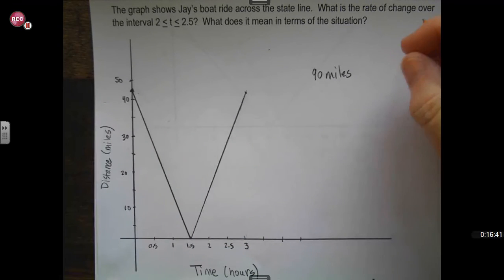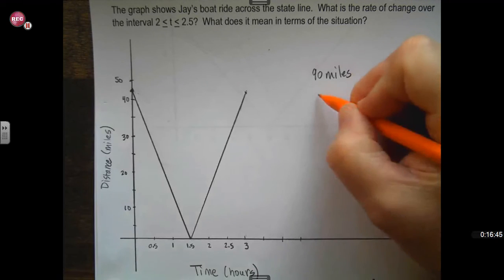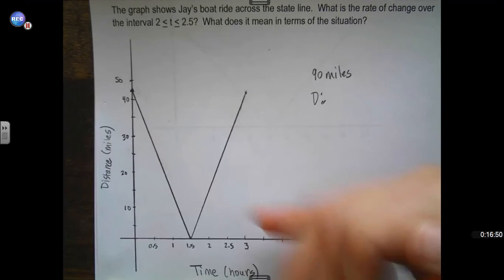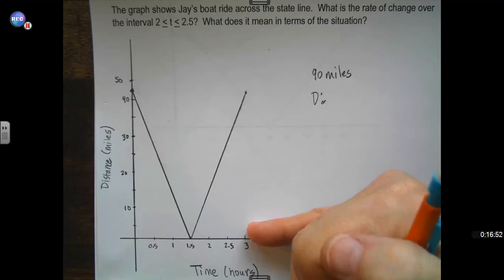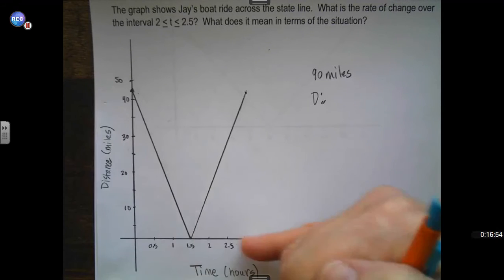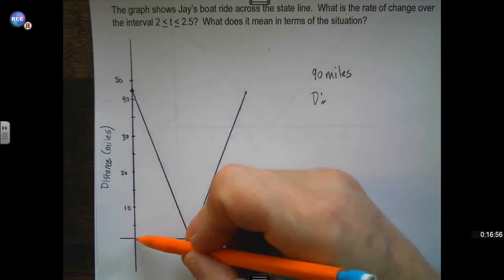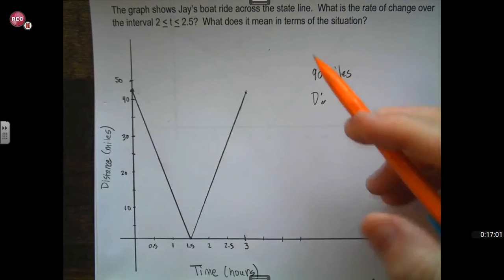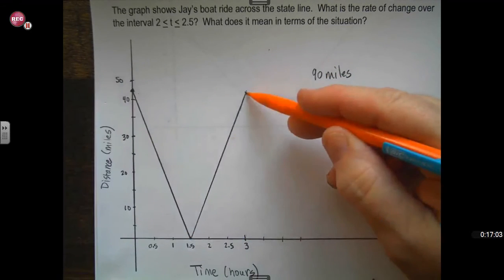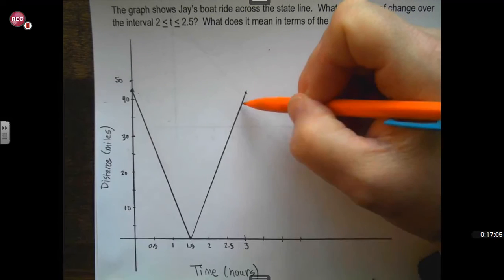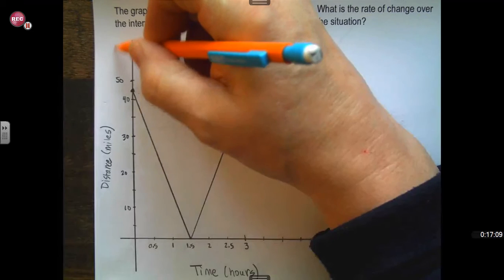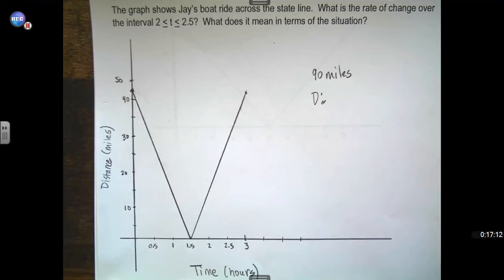Okay. How does the graph relate to the domain and range of the function? So the domain here is a finite set. The domain is obviously from 0 to 3, because that's when he reaches his friend's house. So notice I didn't extend this out and put an arrow on it, because it doesn't exist.